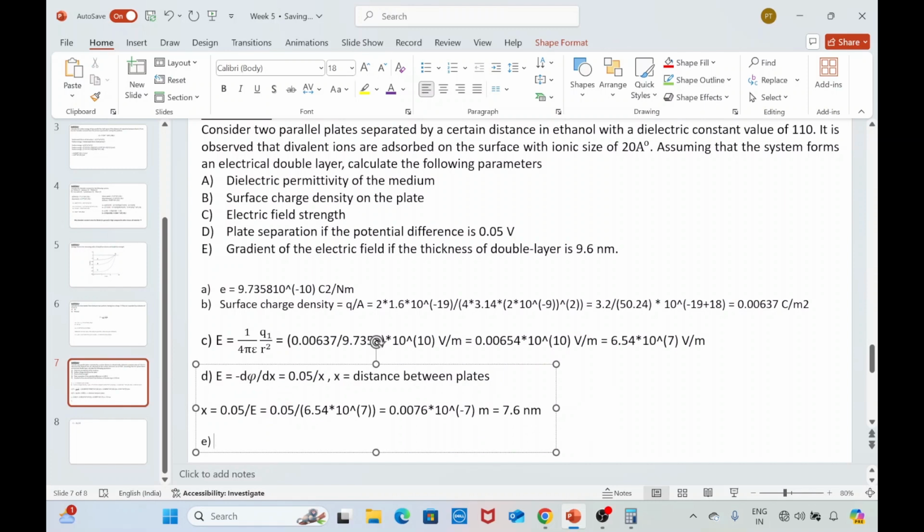It's simple, you just need to substitute. 0.05 by 9.6.